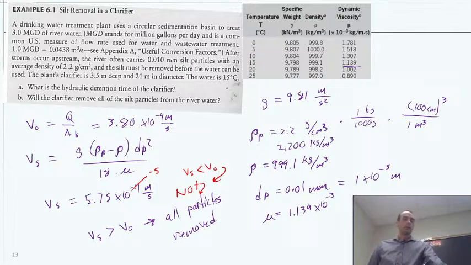I think I just did something in Excel one digit wrong, solved it later, and it was coming out 10 to the minus fifth. But you can see in either case, if Vs is greater than V naught, all particles are removed, and if it's less than, then not all particles are removed. These corrections will be posted after class today, so you can review them at your leisure.